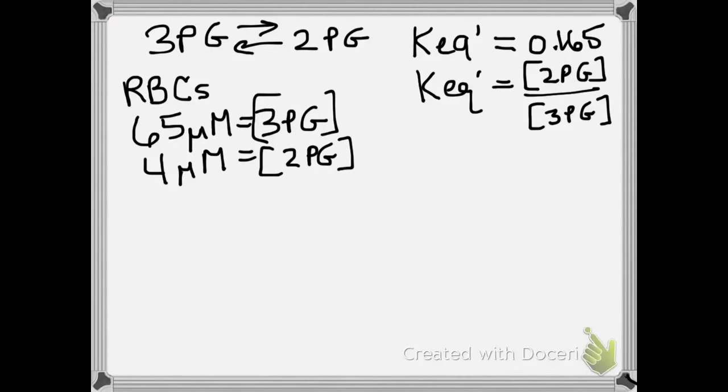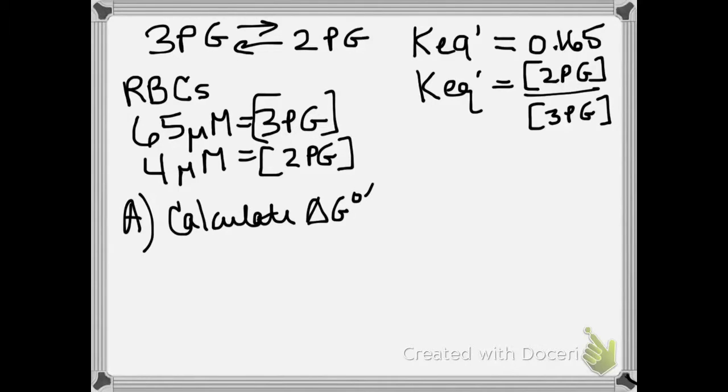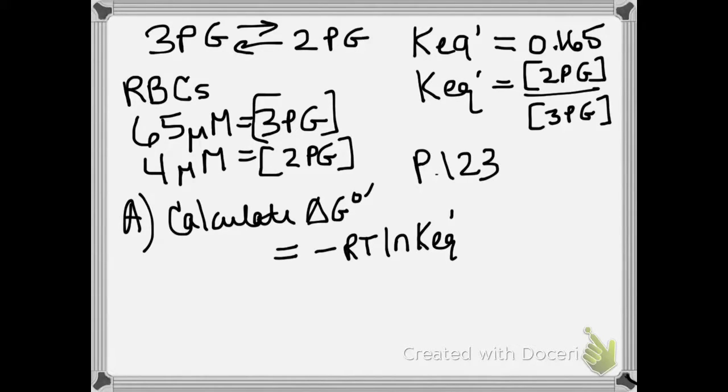And so part A is first going to ask us to calculate the standard free energy change of the reaction. Now remember from your textbook, page 123, that the standard free energy change is equal to minus RT times the natural log of the equilibrium constant.